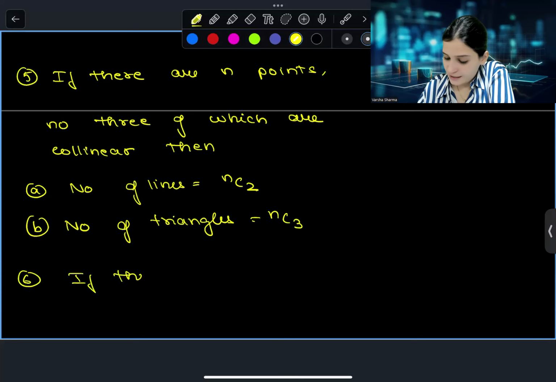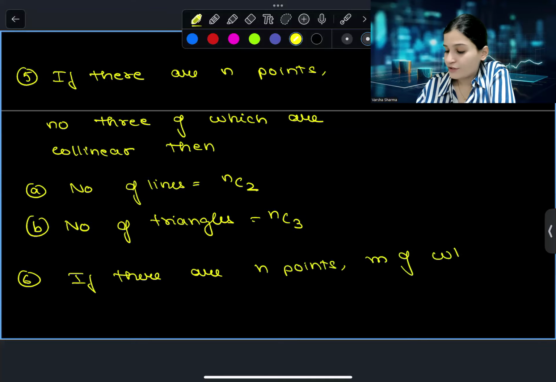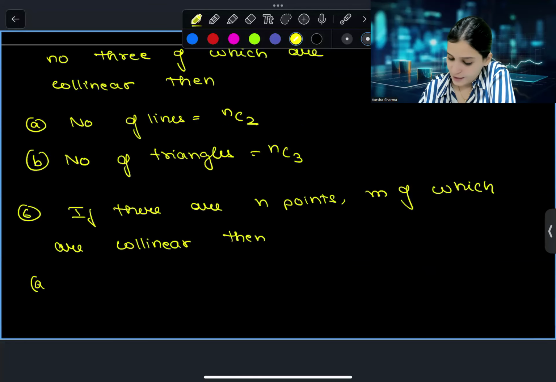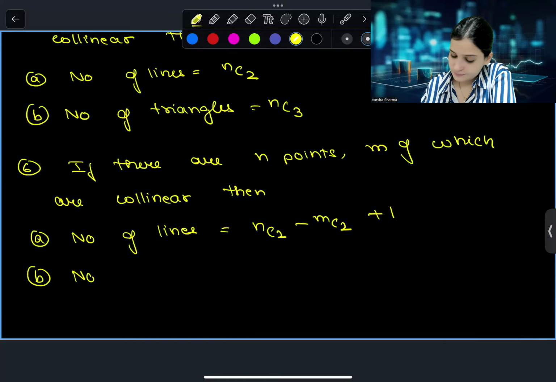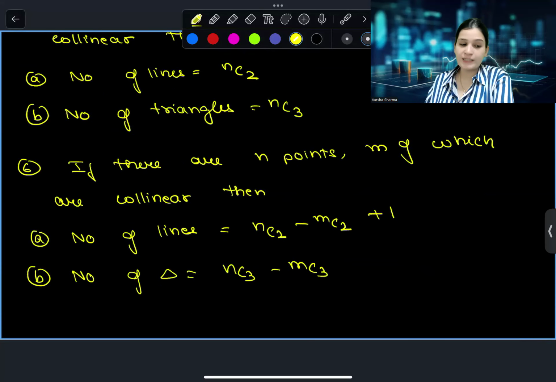If there are n points, m of which are collinear, then the number of lines is NC2 minus MC2 plus 1. And if it is triangles, total minus the collinear part, NC3 minus MC3. There is no plus 1 here.